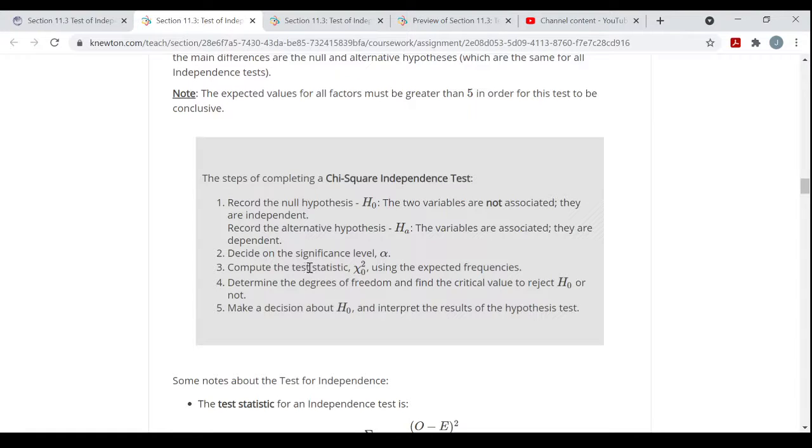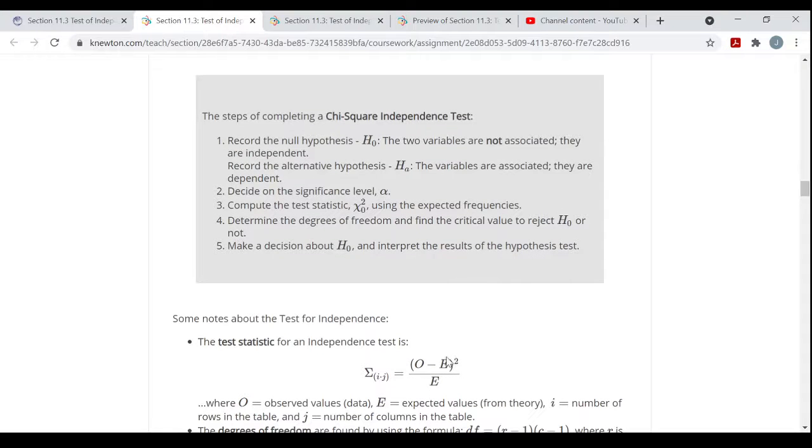Number 3, compute the test statistic, that chi-squared sub 0 or chi-squared test, using the expected frequencies, and they have the formula for it down here. This is actually written out in a weird way. Just remember you're taking all the observed values minus their corresponding expected values, squaring those, and dividing by the corresponding expected values, and you're going to be adding those up for every cell of your contingency table.